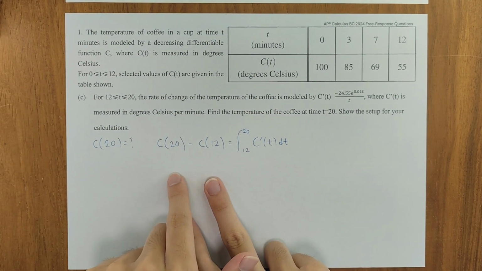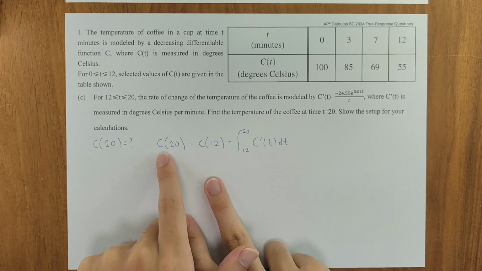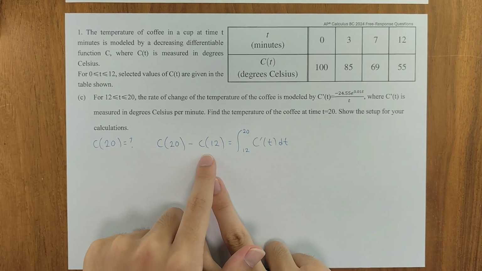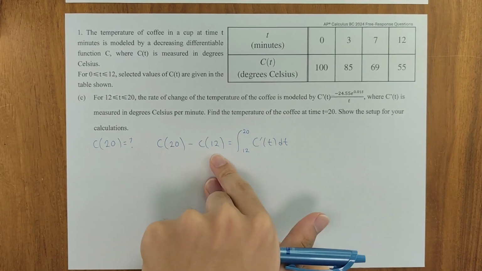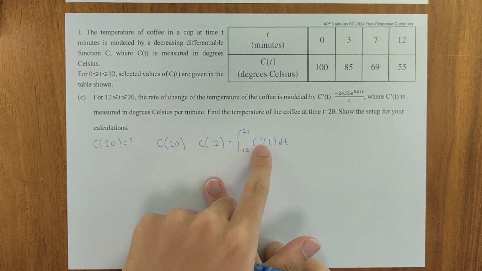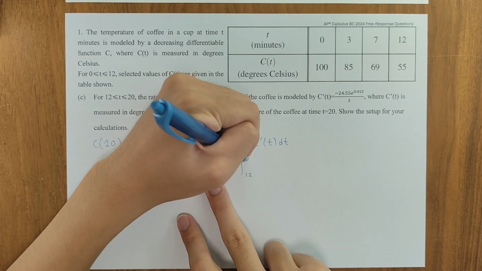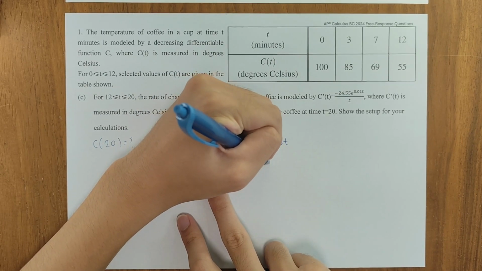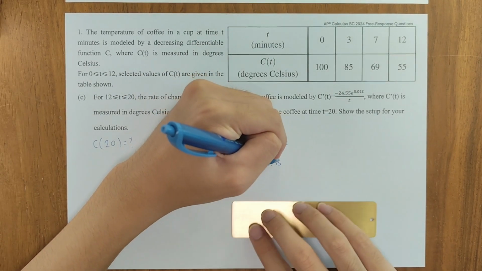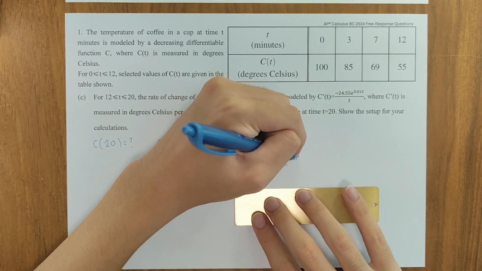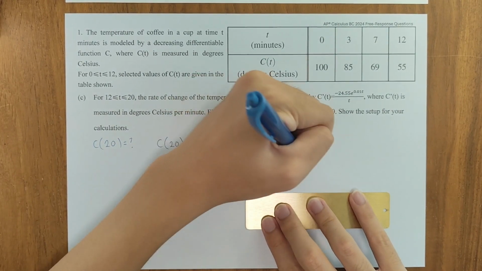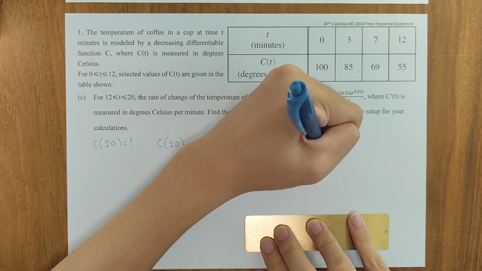Now we are being asked to find C20. We have the value of C12, and we have the C prime t function here. So let's rearrange this. C20 equals the integral plus C12.